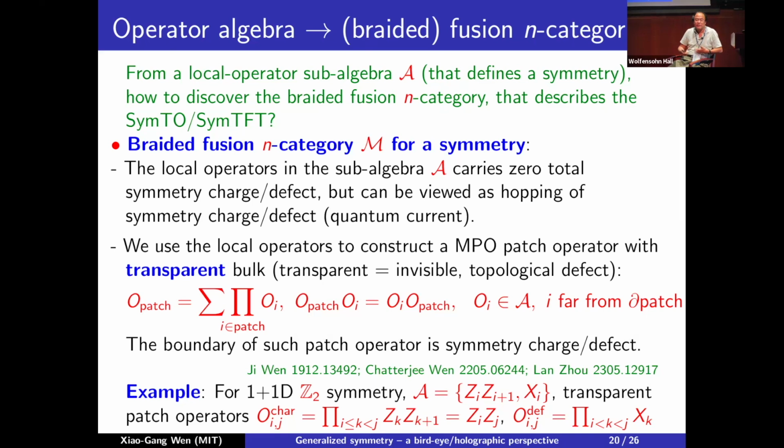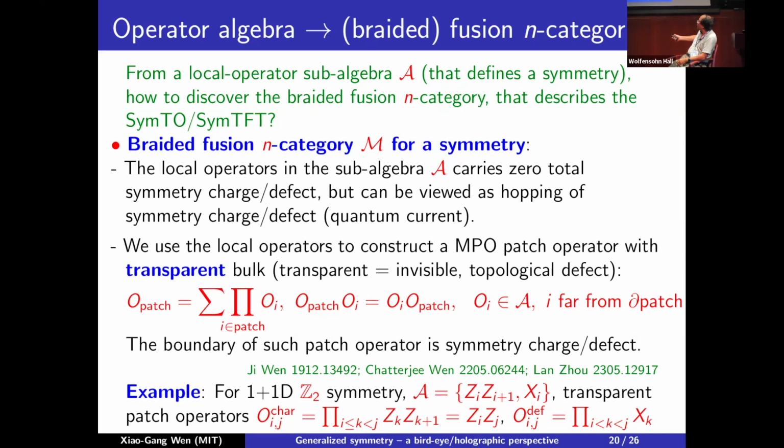So that's basically the idea. Therefore, we want to use multiplication of local operators to construct a patch operator whose bulk is invisible, transparent. This invisible bulk is actually a topological defect. This is the meaning of topological in topological defect: it doesn't matter where the defect is, it's the same thing. That means transparency of the bulk.